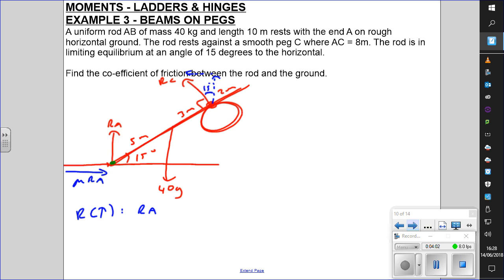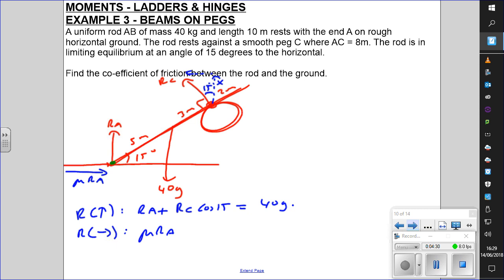Well, that's your 15. Okay? So, plus, we want it going up, so this is our x here, that's next to 15. So hypotenuse cos 15. And that all equals 40g, so that's good. Going across, right? What is it going across? Well, we've got mu RA, that's going to the right.